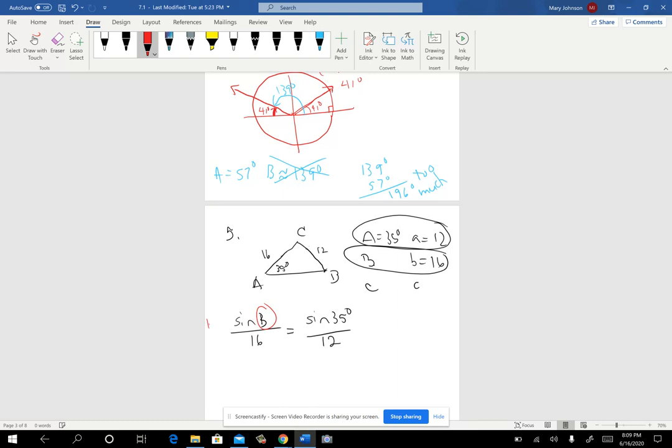So we're going to start by multiplying by 16 on both sides. You could simplify 16 over 12, or you could just let the calculator do that work for you when you type it in. That doesn't matter. So we're down to where we have the sine of B equaling, and let me say approximately equaling. So let me do that now. So let's do 16 sine of 35.